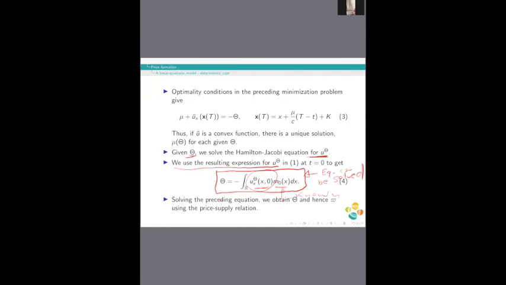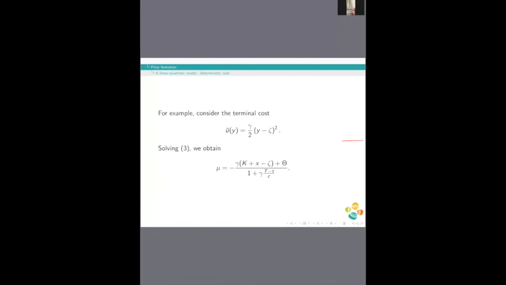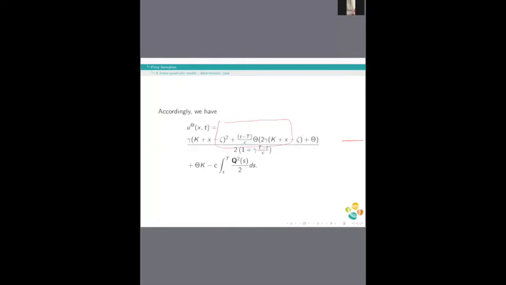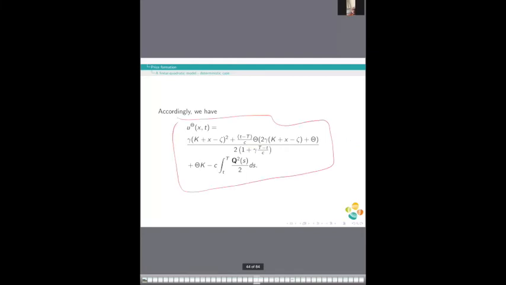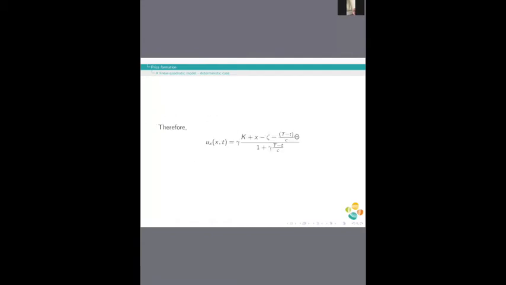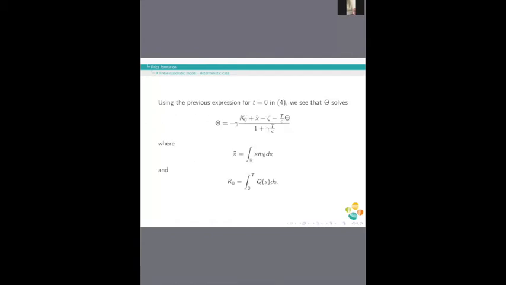And in fact, if we go through the algebra, and I'll spare you the details, if you have, for example, a quadratic cost, what you get is a special formula for your theta, which doesn't look that good. But again, just to convince you that one can get these formulas fairly explicitly in this quadratic world. And out of this, we get an equation.